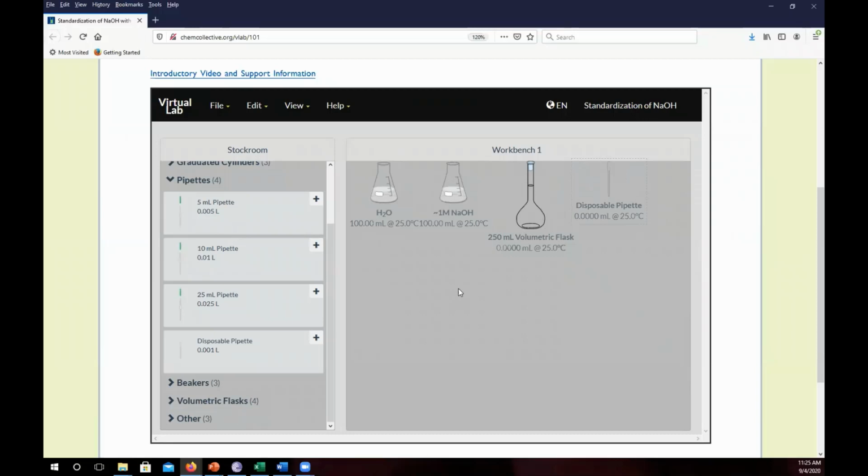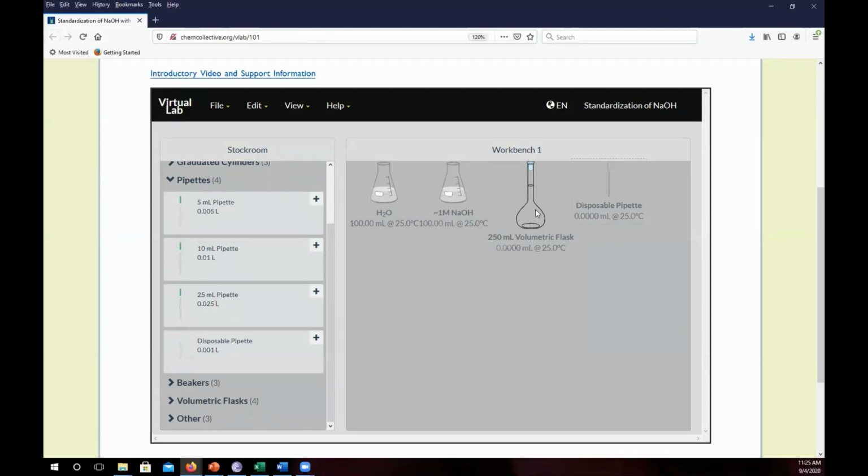The first thing you will do is calculate, based on 1 molar sodium hydroxide solution, what volume would be needed for you to prepare 250 milliliters of your desired concentration.